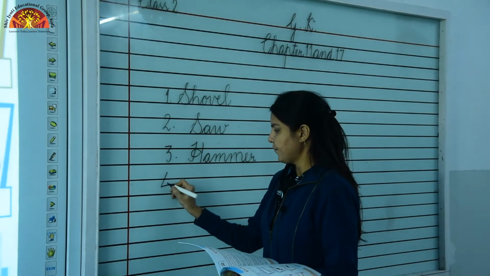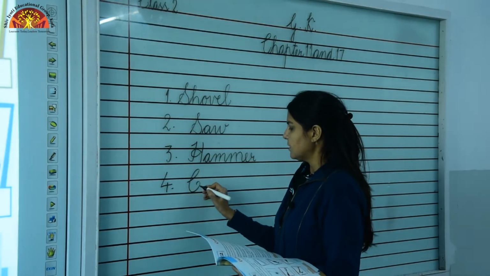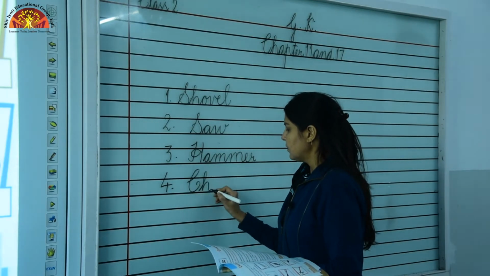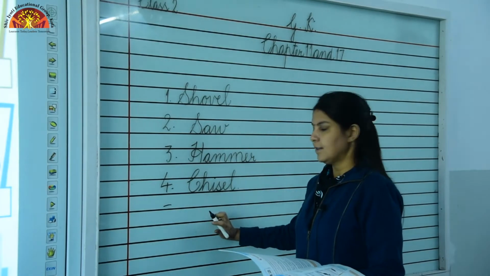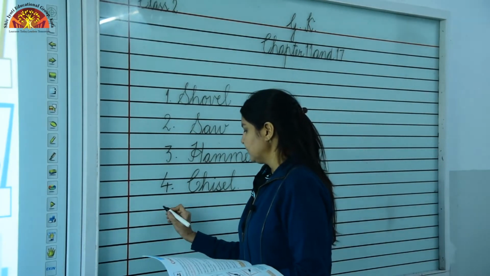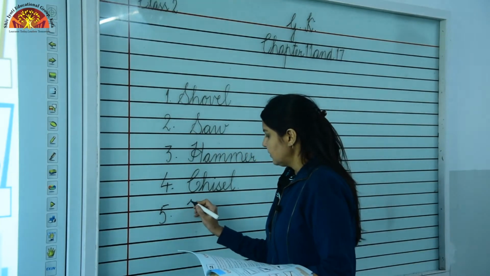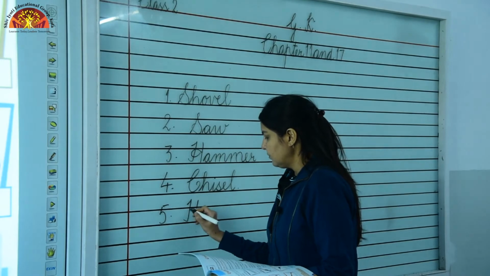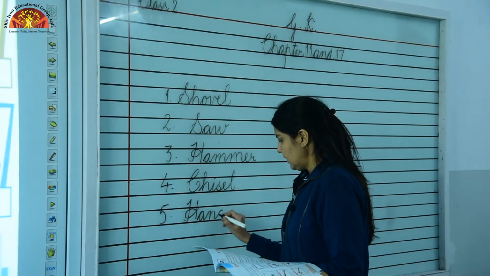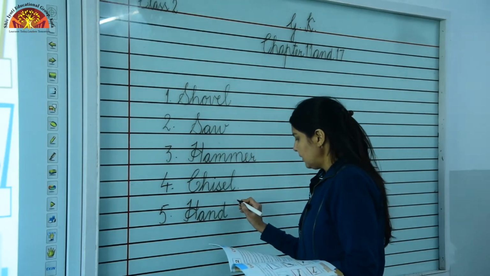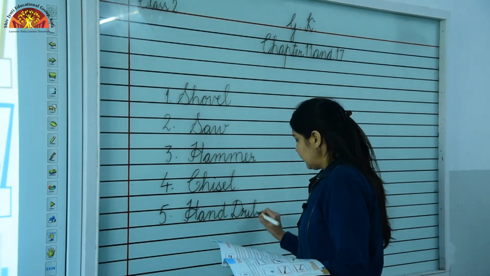Number 4, chisel. The spelling of chisel is C-H-I-S-E-L, chisel. Number 5, hand drill. The spelling of hand, you know, H-A-N-D, hand, and the spelling of drill is D-R-I-L-L.